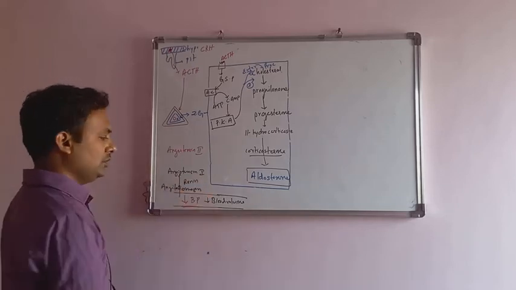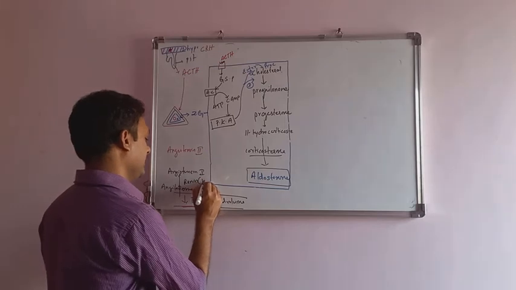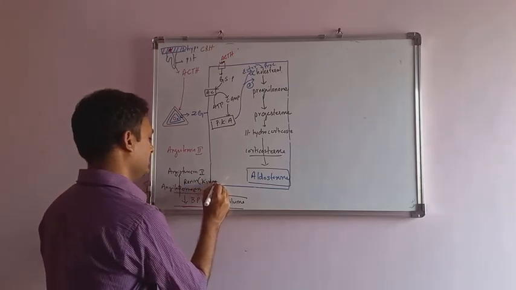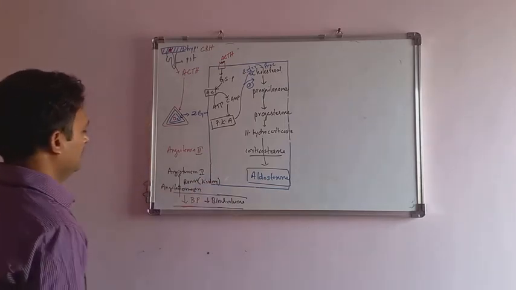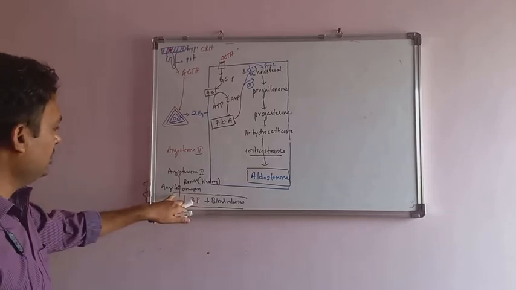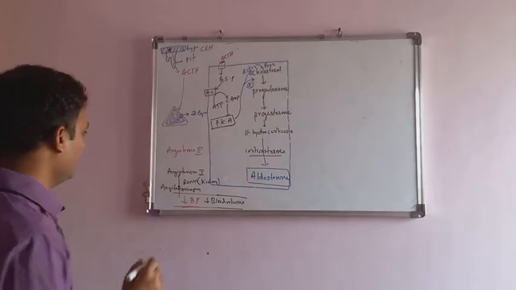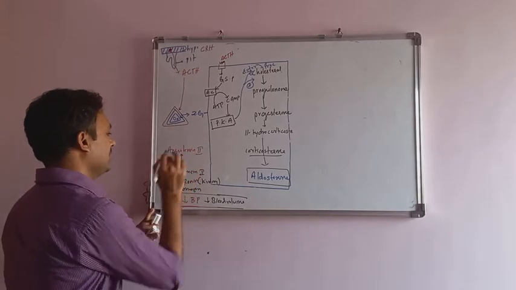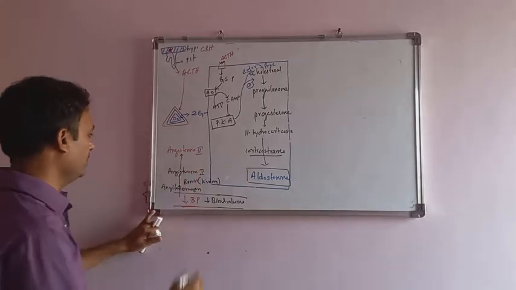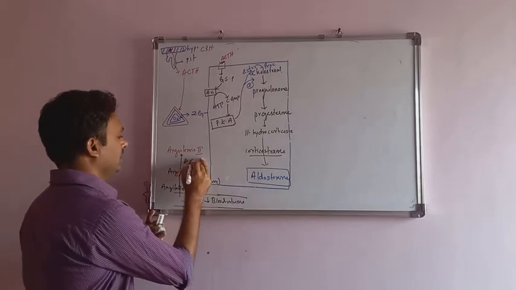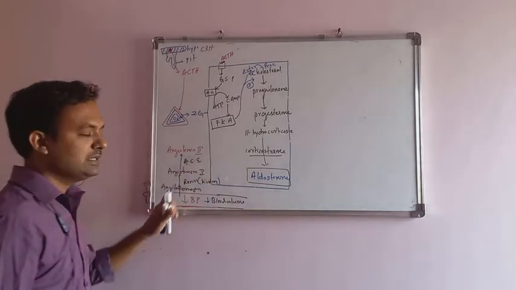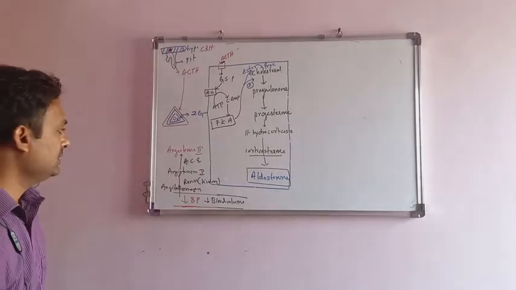From where is the renin produced? It is produced from the kidney. By the action of this renin, angiotensinogen is converted into angiotensin 1. Now this angiotensin 1 gets converted into angiotensin 2 by the action of angiotensin converting enzyme.